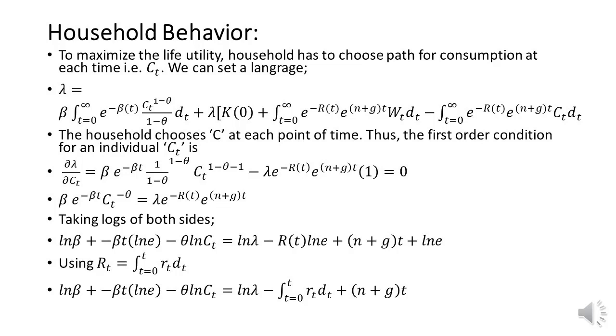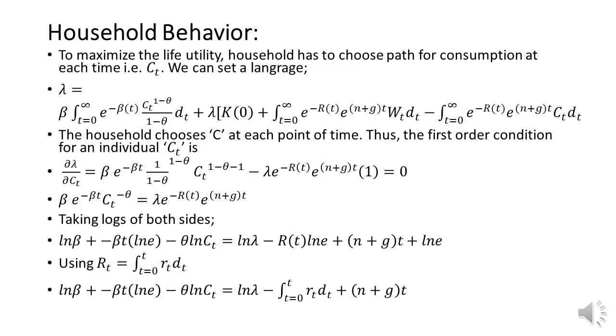So we can set a Lagrangian that will look like this, and this beta is actually A at time 0 raised to power 1 minus theta into L at time 0 divided by H. So this is effective labor at time 0.